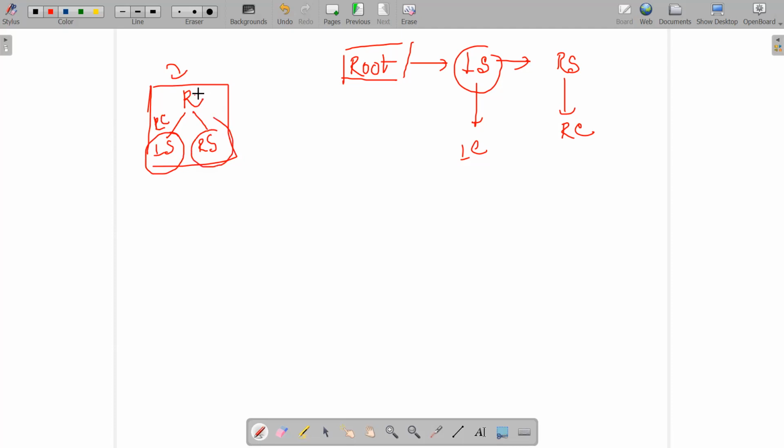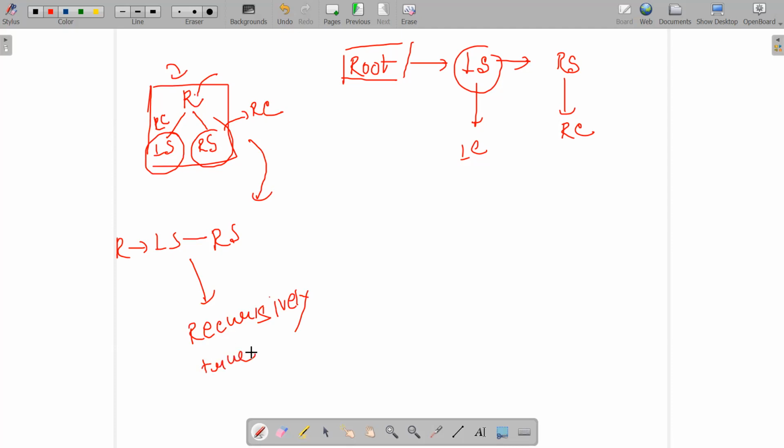The root of the right subtree of my current root is via its right child. Correct? This entire structure is the sequence of visit to root, then left subtree, then right subtree. This is recursively true for all nodes. That's it.